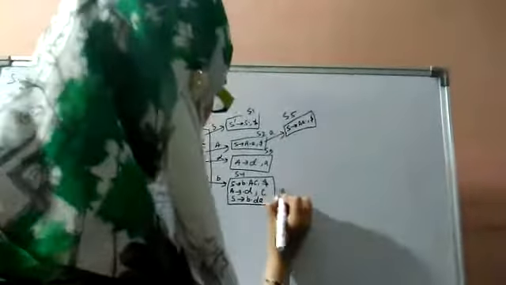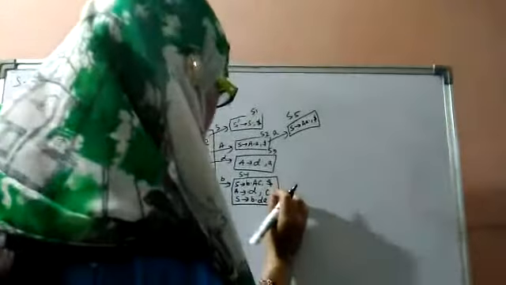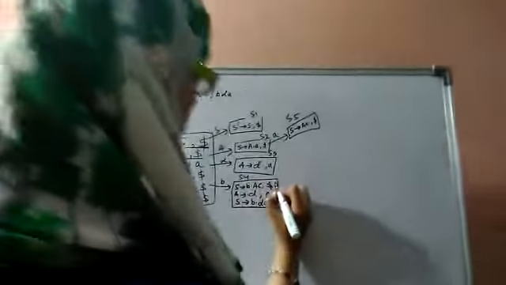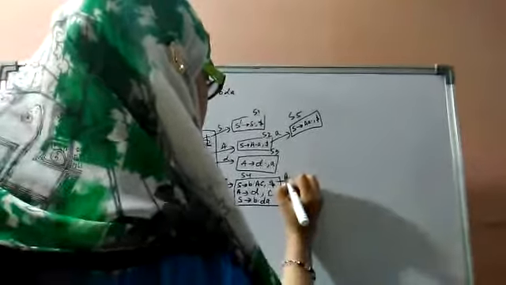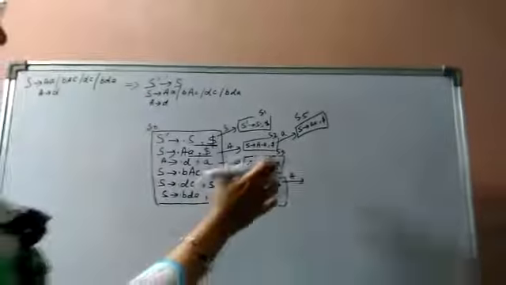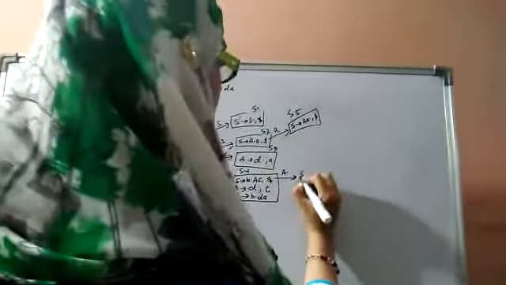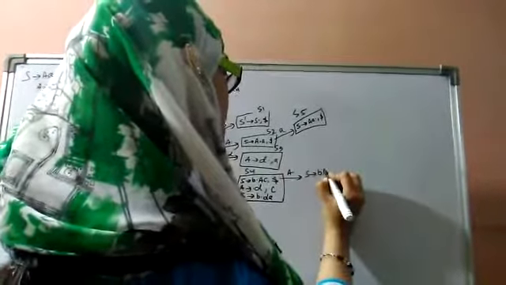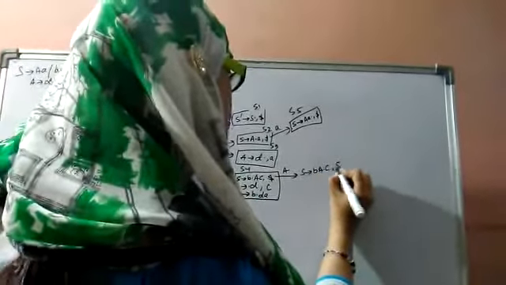Now from S4, A, we can move the dot from A, so S2 B A dot C dollar.